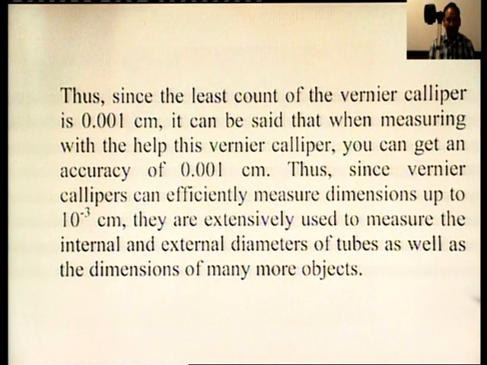Since vernier calipers can efficiently measure dimensions up to 10 raised to the power minus 3 centimeters, they are extensively used to measure the internal and external diameters of tubes as well as the dimensions of many more objects as needed in the industry.